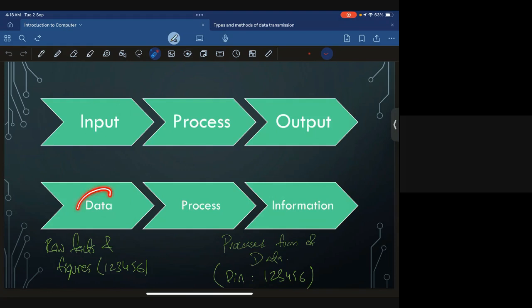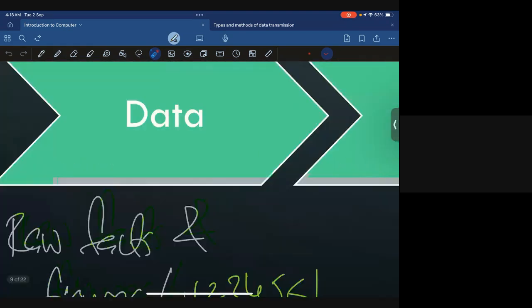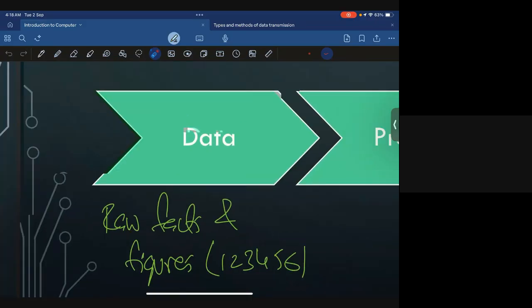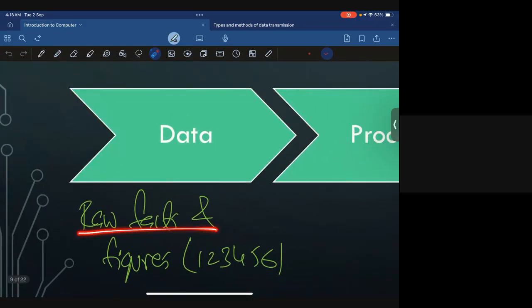So how are data and information two different things, as I just said? Just to understand that better, we say data is often referred to as raw facts and figures, like these numbers. What do they represent? They could represent anything. It could be a PIN number for someone, a phone number, an emergency number, or anything in that regard.